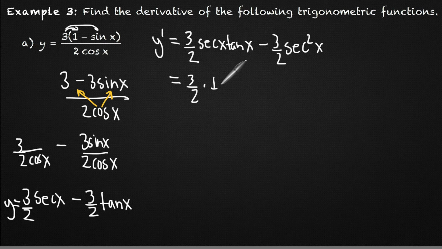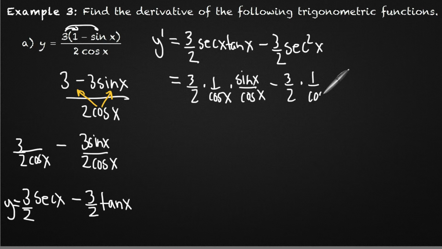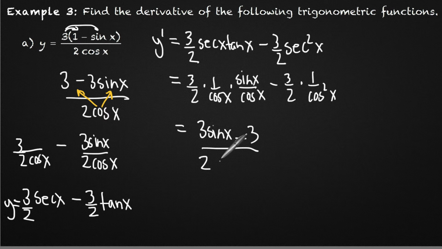Secant is 1 over cosine of x. Tangent is sine x over cosine x. Minus 3 over 2 times 1 over cosine squared x. So now we notice that we have a common denominator between these two fractions. So 3 times 1 times sine is 3 sine x minus 3 over 2 cosine squared x.